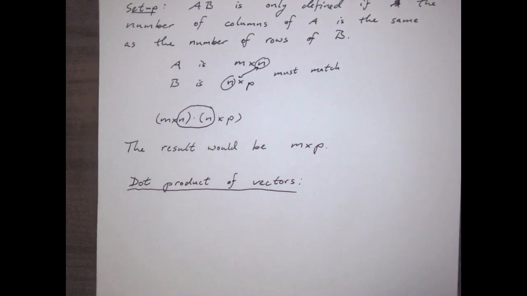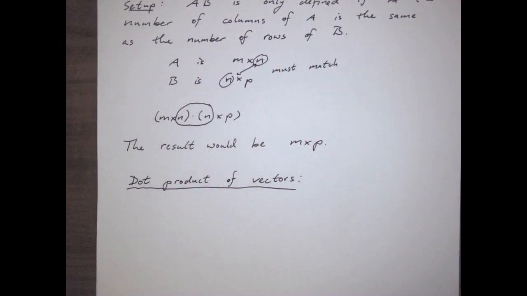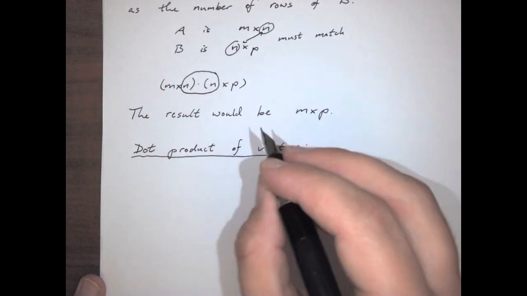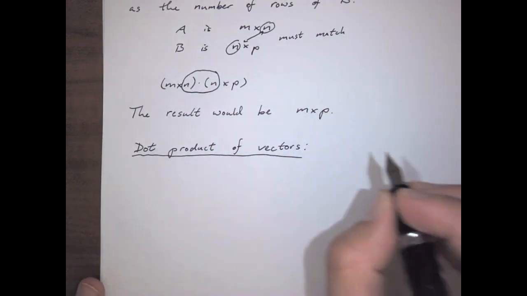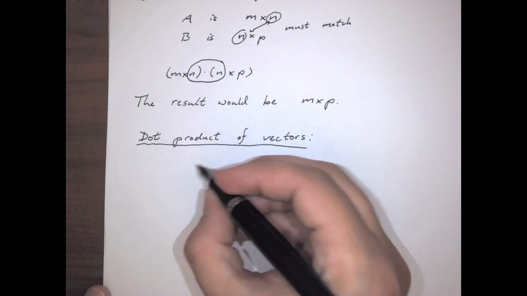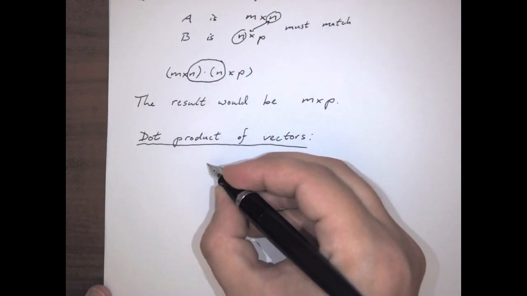There are a couple of different ways of formulating the dot product, and the one that is useful to us right here is the entry by entry version of it, not the cosine version.